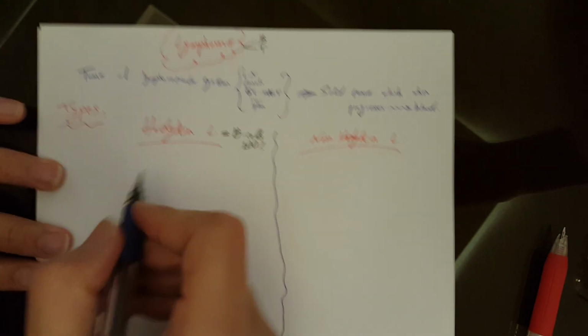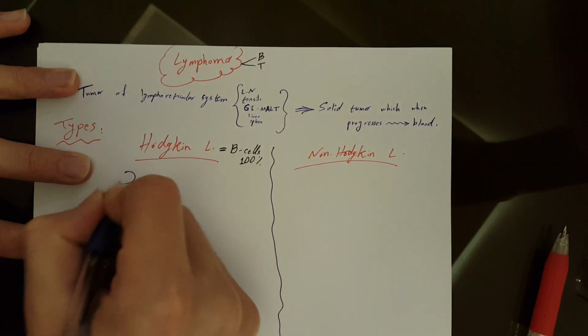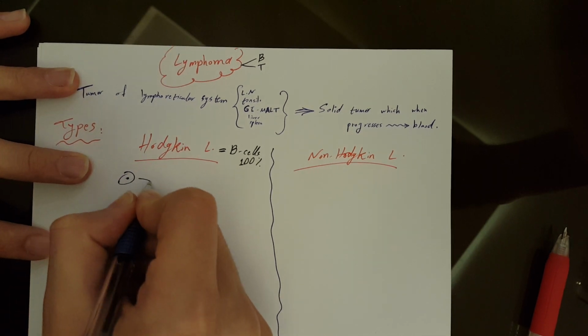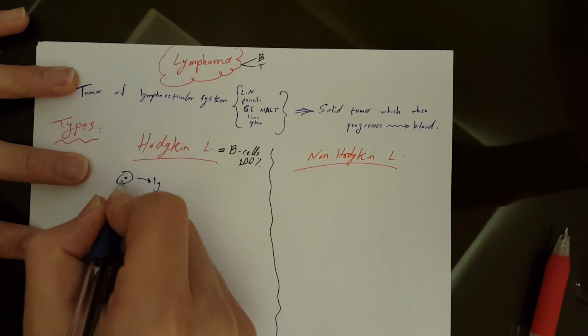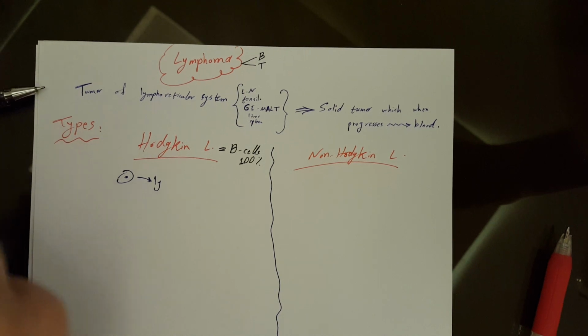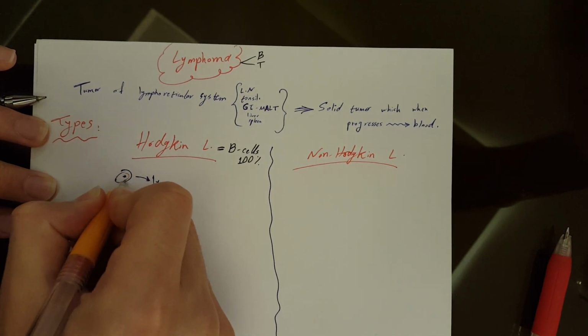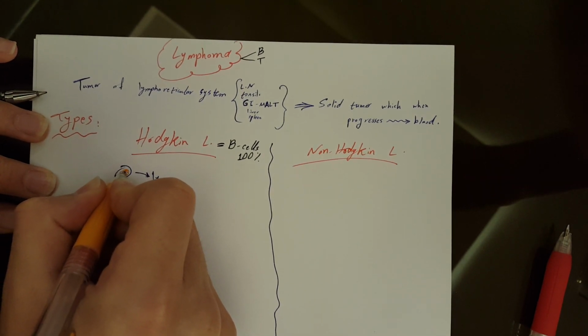So Hodgkin lymphoma, we said it starts in the lymph node, then when it spreads, the tumor becomes larger and larger, okay?